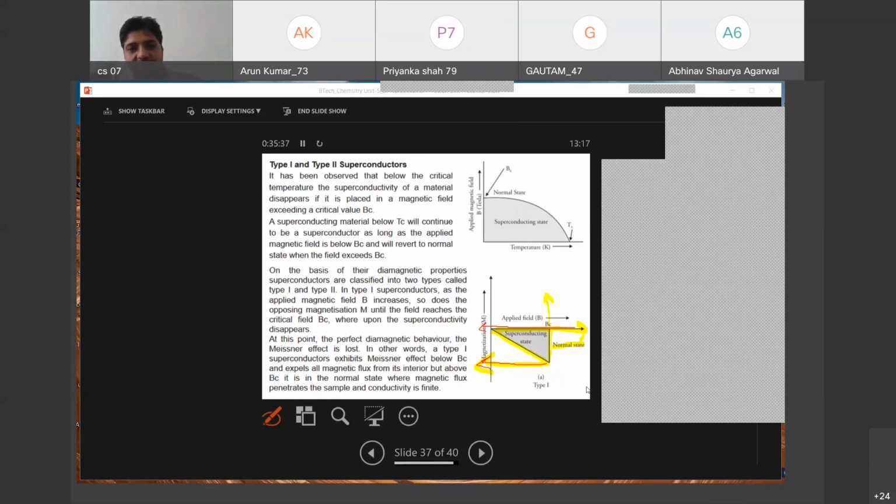Now type 2 superconductors. The difference between type 1 and type 2 is very simple. In type 2 superconductors, see what is happening here. In type 1, the transition from superconducting state to normal state is sharp, it is immediate, with no transition state formation.